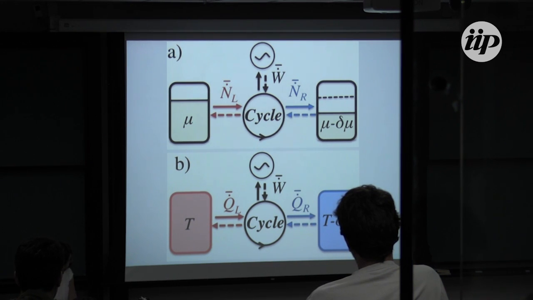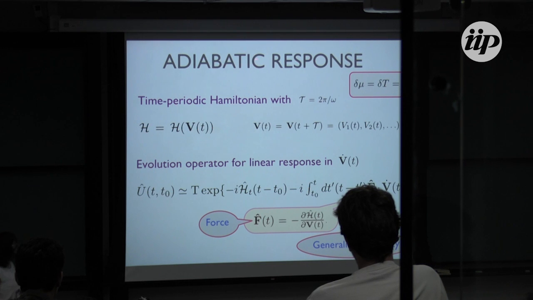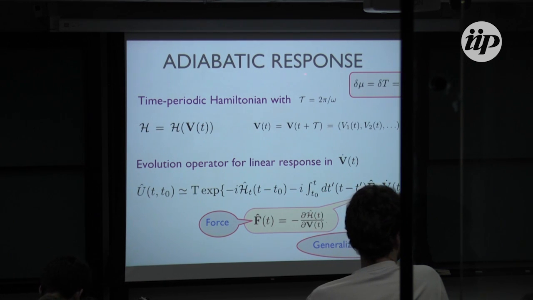We focused on the adiabatic regime. This means that the frequency of this driving is very slow, so the movement is very slow. As I told you before, we know how to treat differences of chemical potential and differences of temperature in linear response.